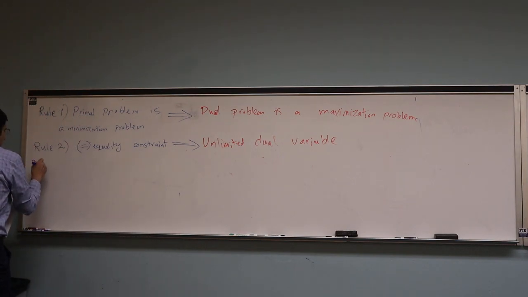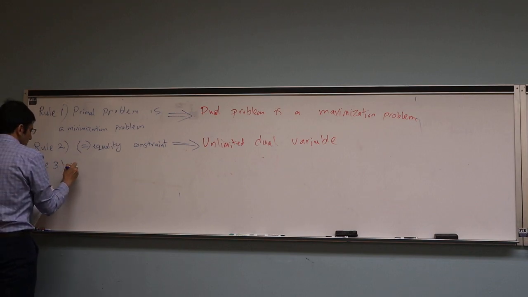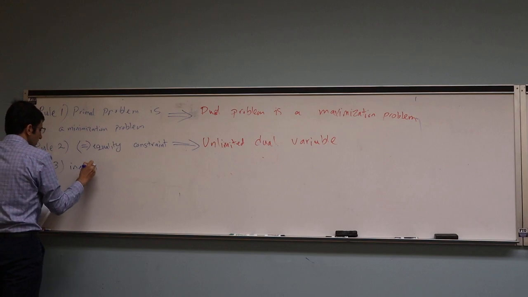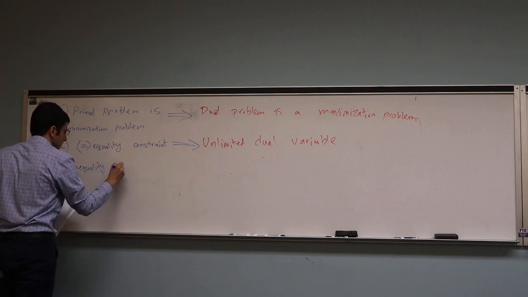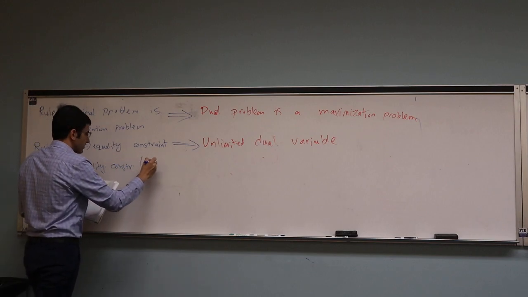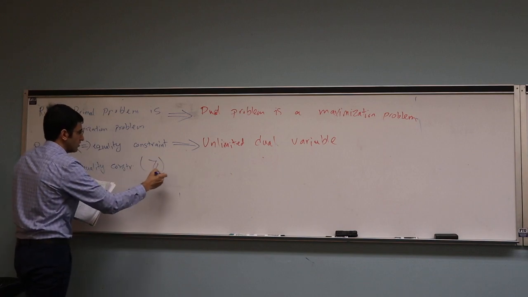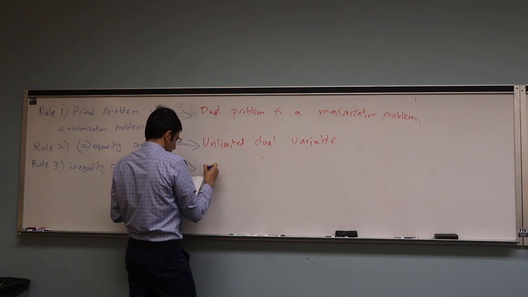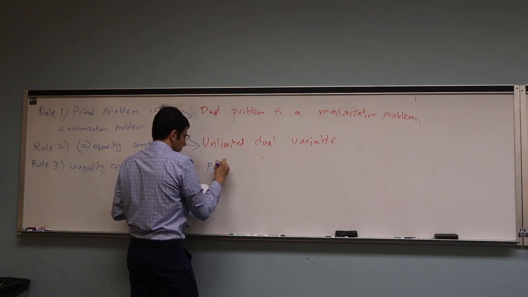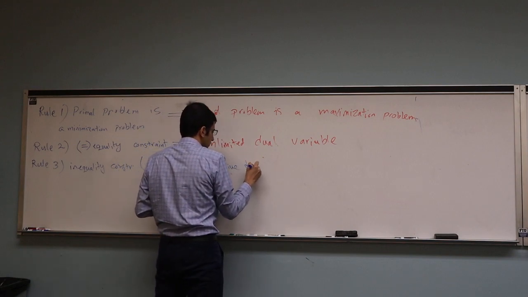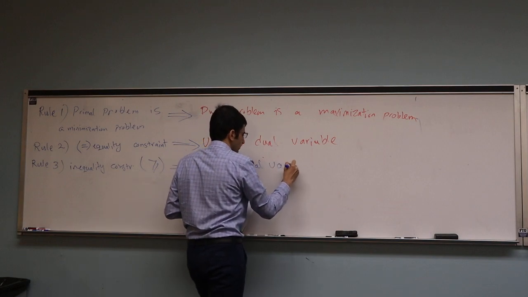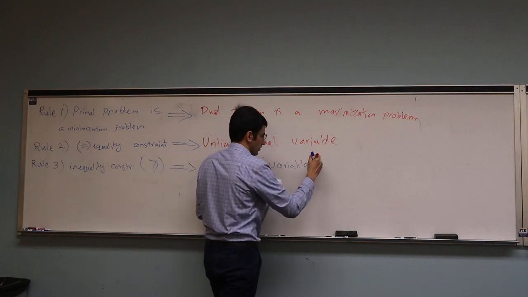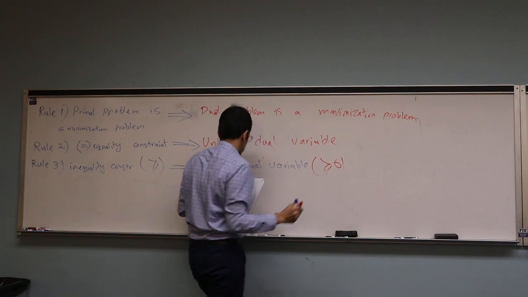So rule number 3. Inequality constraint, if it's greater than or equal to, it's a positive dual variable, greater than or equal to 0.